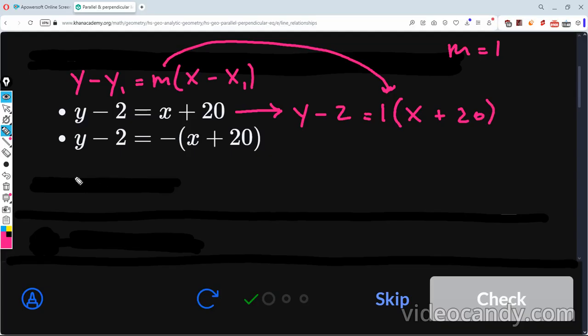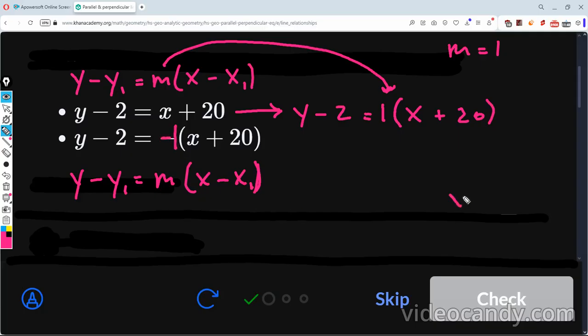Now, if you look at the one on the bottom, again, if you want to line it up, y minus y1 equals m times x minus x1. We're only worried about the slope. So the m is whatever number is in front, multiplied by the x minus x1. We have a negative sign. That's basically the same thing as if there were a negative 1 out front.